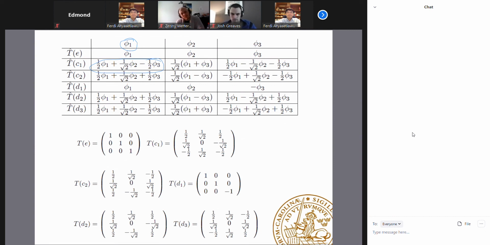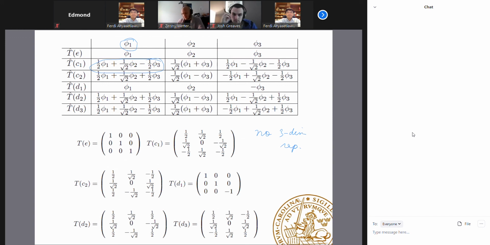But we know that there is no three-dimensional irreducible representation. So then we can tell already that there should be some unitary matrix that will transform this representation.